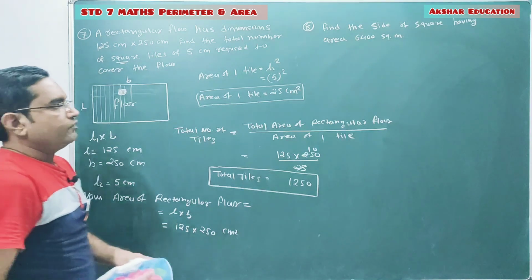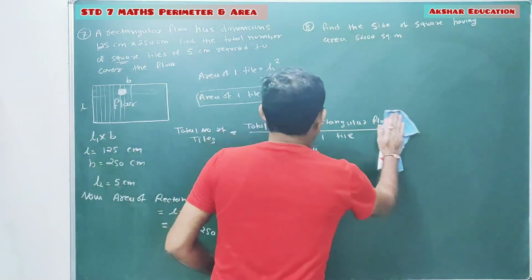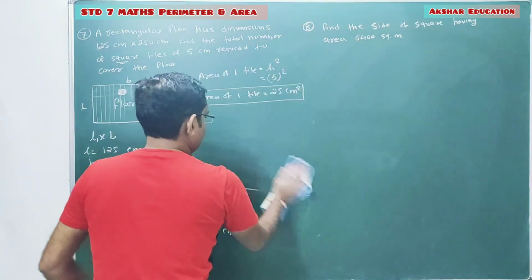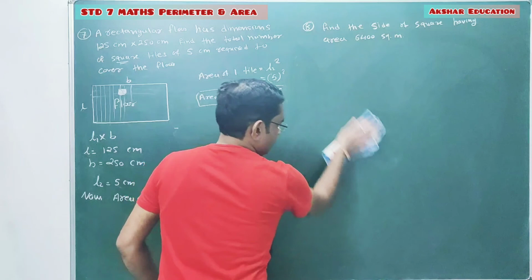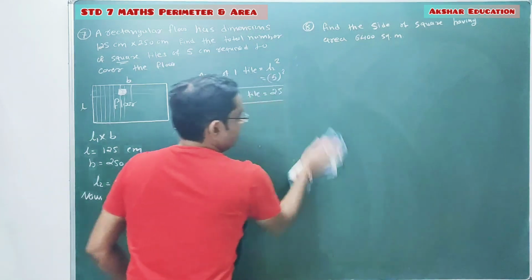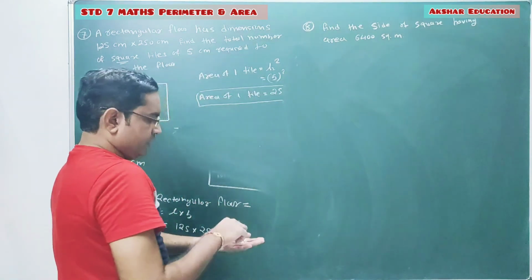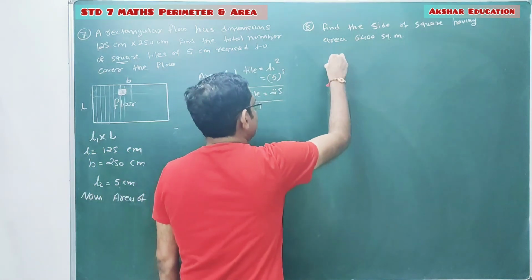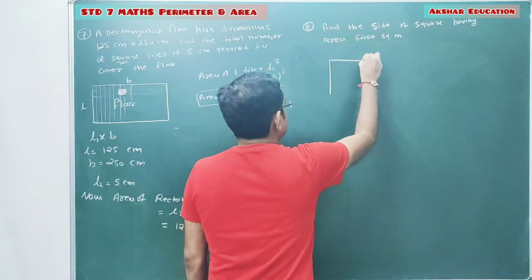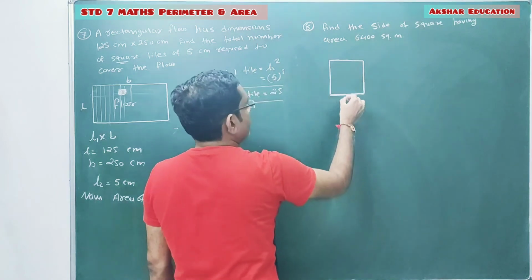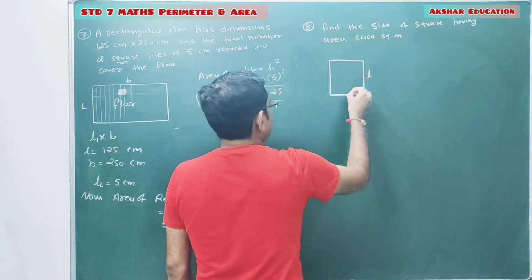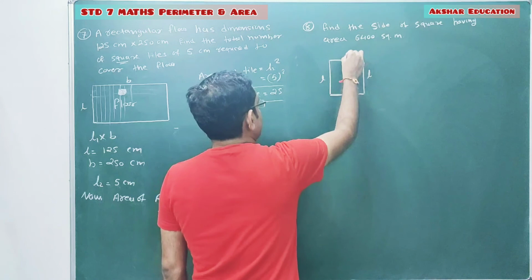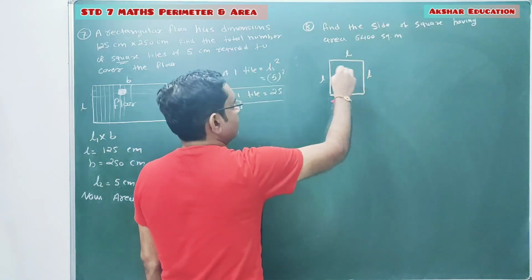Now we will try to solve question number 8. In the 8th question, find the side of the square. So one square is given. For this square you have to find the side, meaning the dimension of the length of this square.